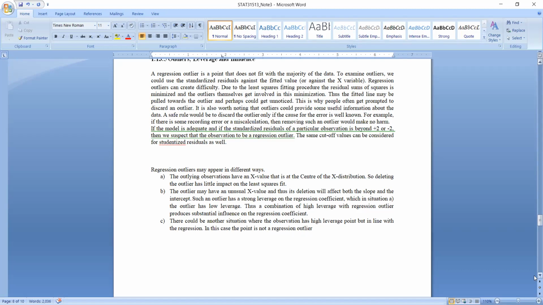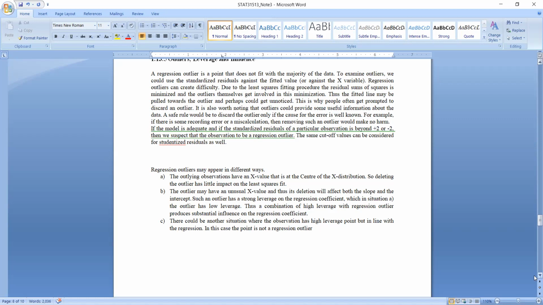But in the other case, if you have an outlier which is distributed on the two sides, and if you have a very big distance between the center point and that outlier, and if you delete that outlier and try to fit another regression model, you will see there is a big influence. It will affect both the slope and the intercept.